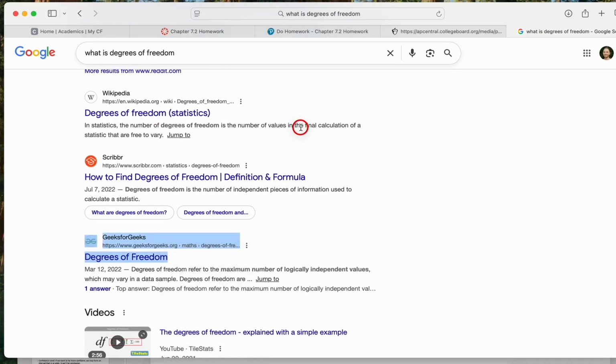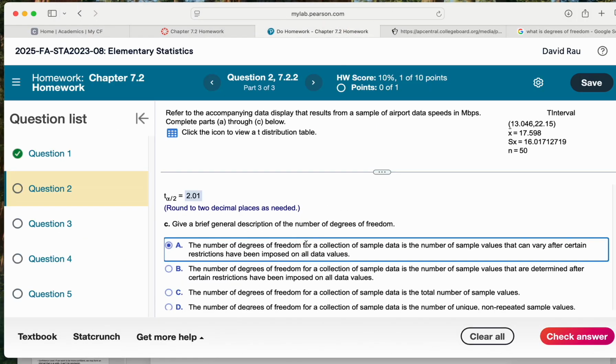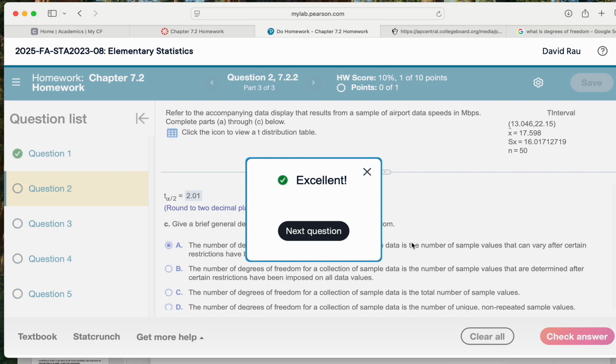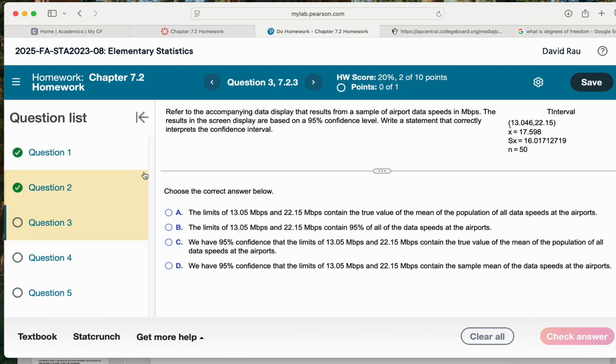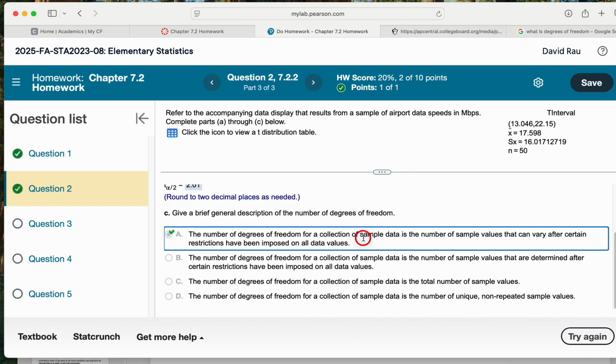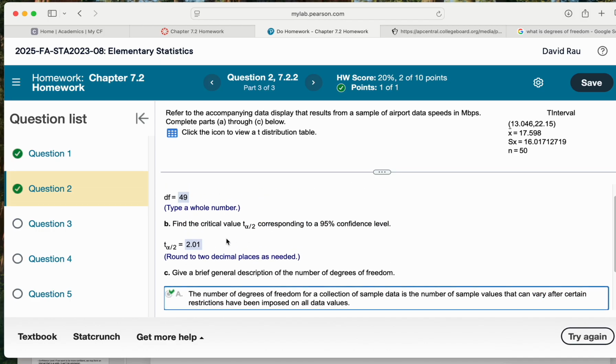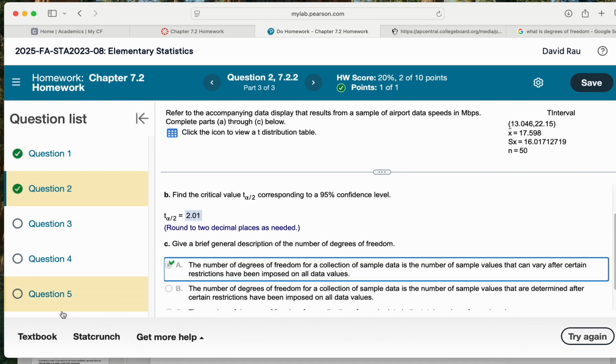The number of values in the final calculation of a statistic that are free to vary. And so when I read that last one, it says the number of sample values that can vary after certain restrictions have been imposed. That one seems like the best answer that fits, and it is. And really, again, it's just that is the definition, but what does that mean? Yeah, that's where we're not really going to answer that in this class. That'd be a good point to actually open up the textbook and just read it right from there.